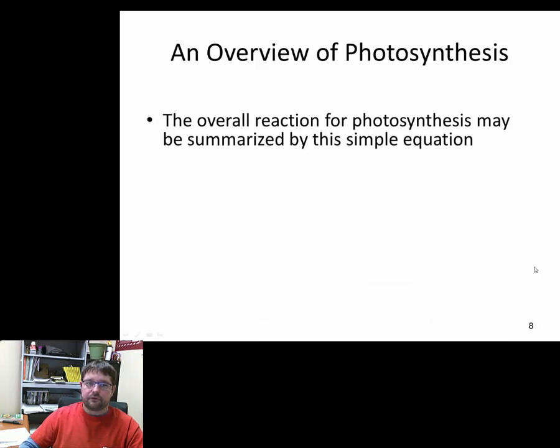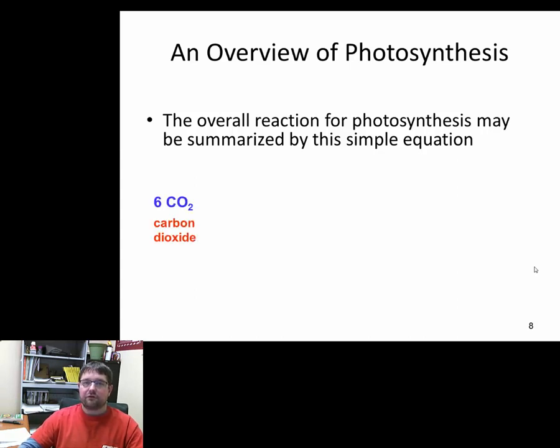All right. For the most part, we can describe photosynthesis by a very simple equation. And I want you to not just memorize this equation, but learn it, because when we start talking about cellular respiration, it is just the reverse of this equation.